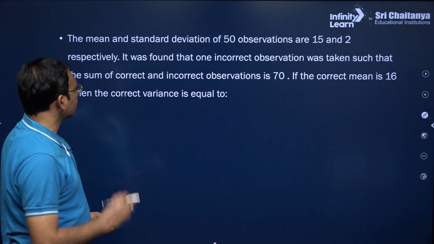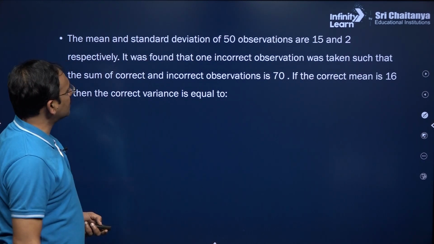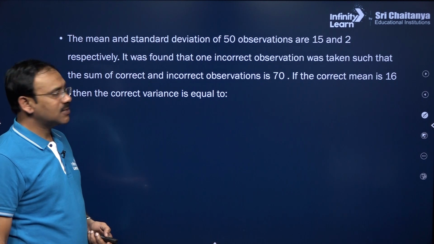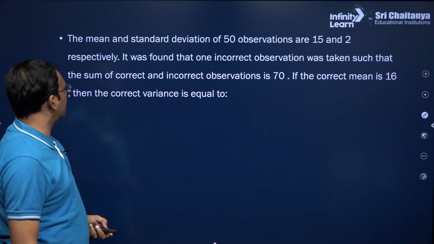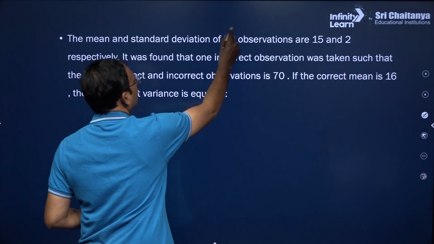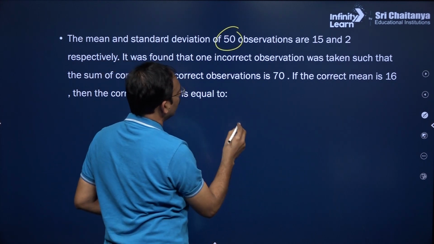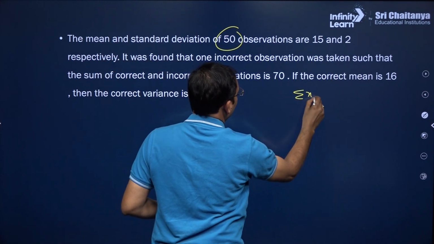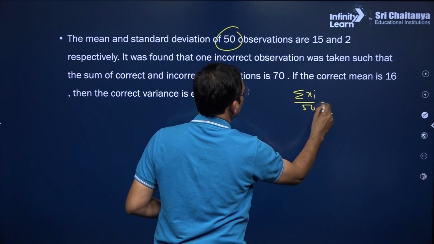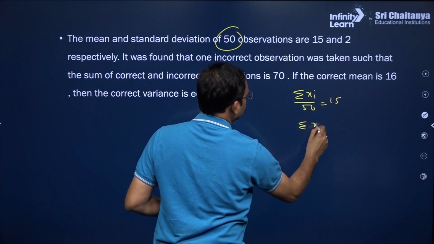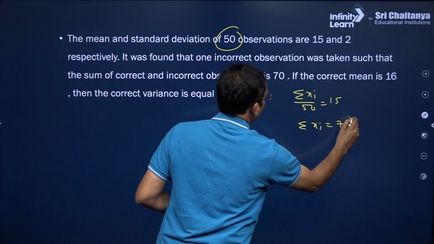Please do remember. Next, the mean and standard deviation of 50 observations are 15 and 2 respectively. Okay, there are 50 observations, mean is 15. Friends, sigma xi by 50 is equal to 15, so sigma xi is 750.